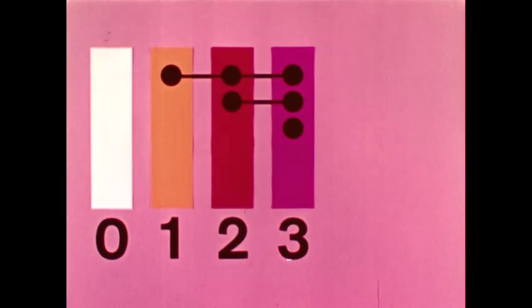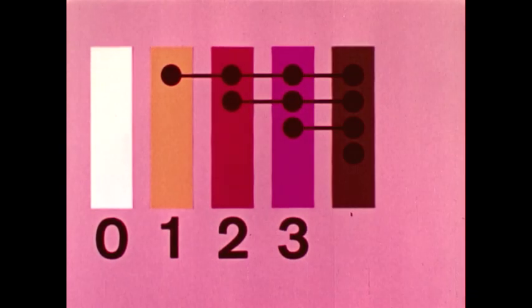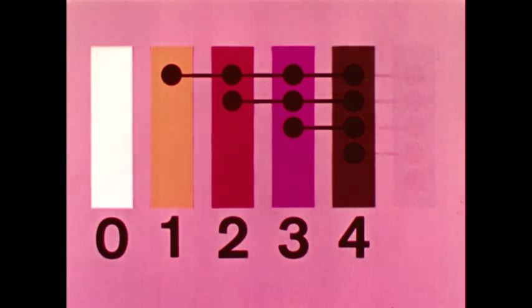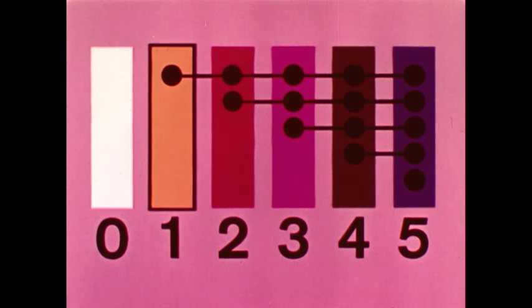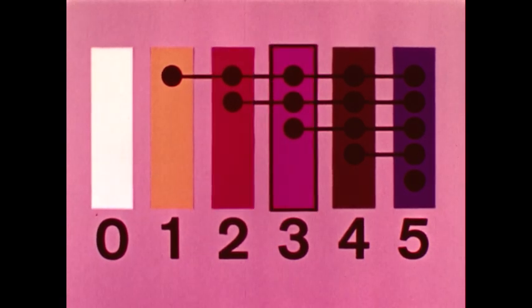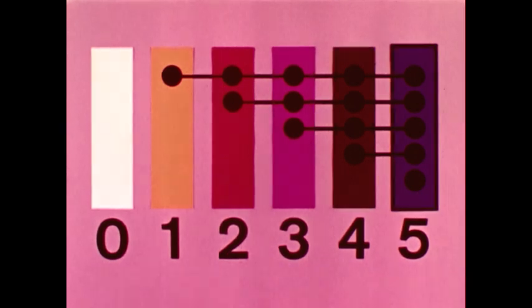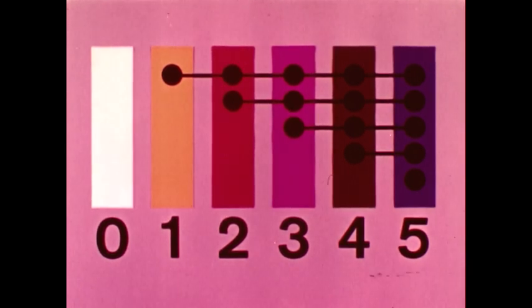Let's look at the numbers we have learned in a different way. 0 and 1 more is 1, and 1 more is 2, and 1 more is 3, and 1 more is 4, and 1 more is 5. 0, 1, 2, 3, 4, 5. You can find the number of any set by counting its elements.